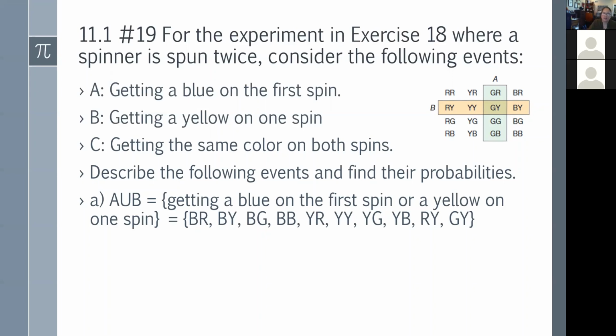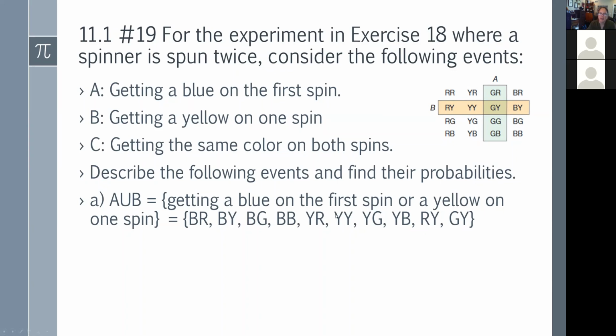A union B, getting a blue on the first spin or a yellow on one spin. So I could have a blue and then a red, blue and then yellow, blue and then green, or blue and then blue. I could have yellow and then red. Now, when it says getting a yellow on one spin, I assume they mean at least one spin, but that's something that could be clarified a little bit better, whether they mean yellow on only one or at least one.